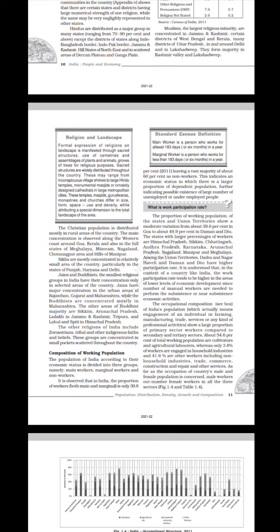About 54.6% of total working population are cultivators and agricultural laborers, whereas only 3.8% of workers are engaged in household industries and 41.6% are other workers including non-household industries, trade, commerce, construction and repair and other services. As far as the occupation of the country's male and female population is concerned, male workers outnumber female workers in all the three sectors. Take a look at Figure 1.4 and Table 1.4.